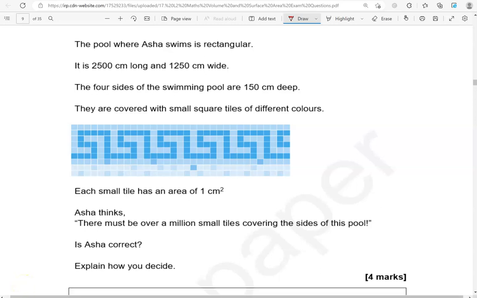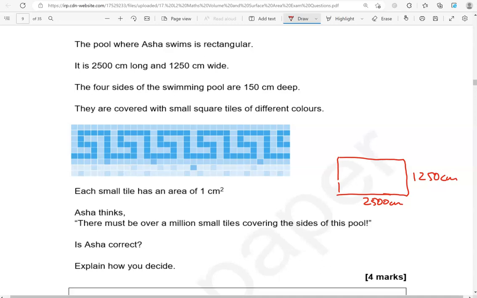So we can start imagining the pool. It is 2,500 centimeters long and 1,250 centimeters wide.